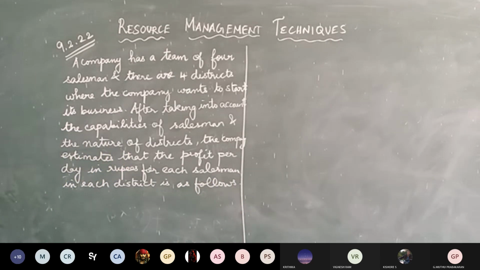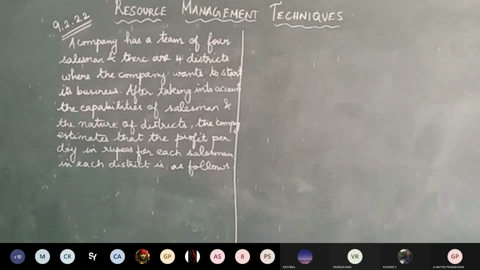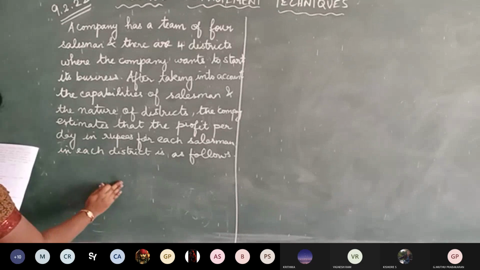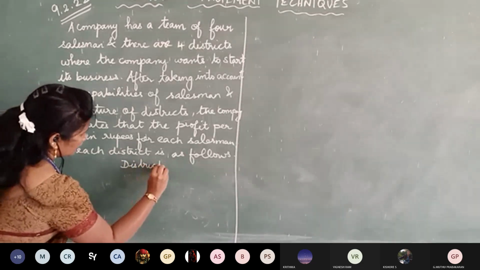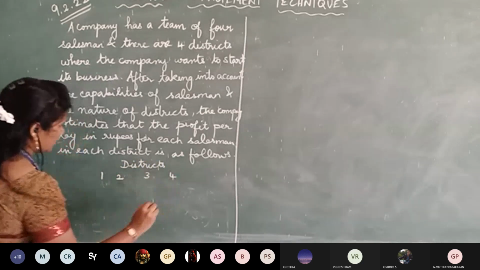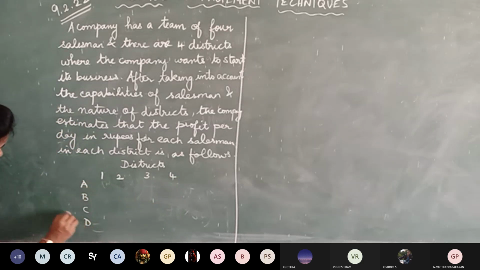So I'm going to draw that tableau. You've got 4 districts, and similarly, your salesmen are 4. So A, B, C, and D, the salesmen.